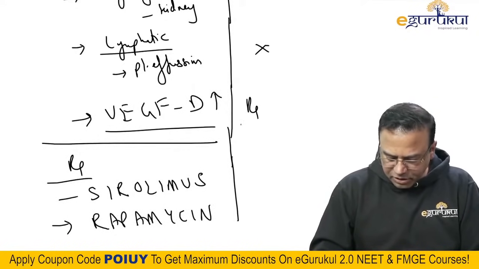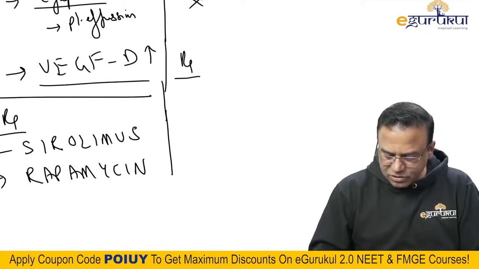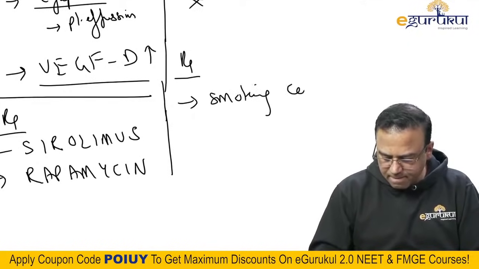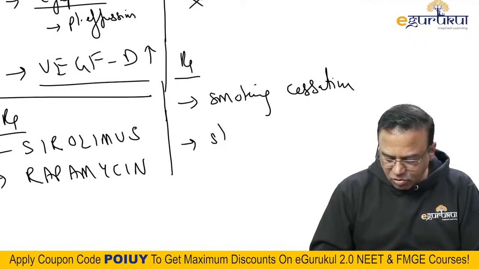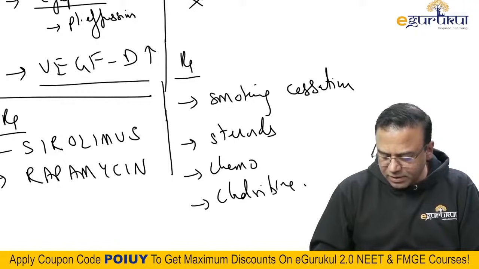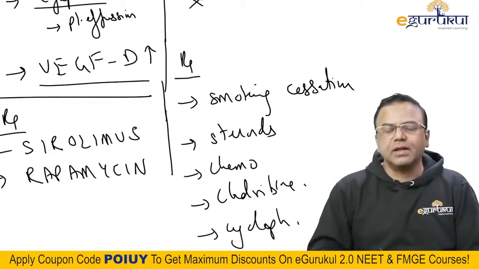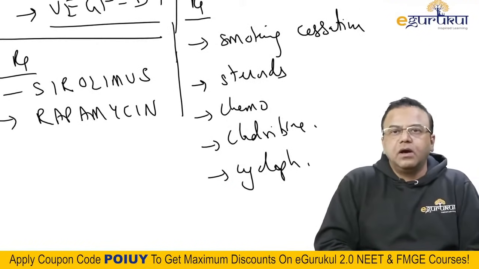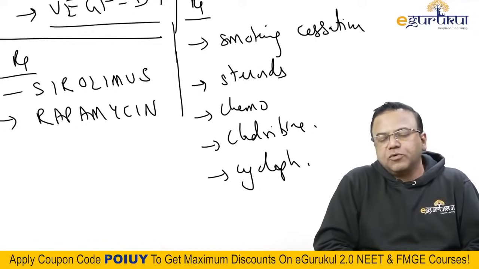The treatment in patients with Langerhans cell histiocytosis, the most important treatment is smoking cessation. Okay, the mainstay of treatment is smoking cessation. Then after that, there is a role of using steroids. There is a role of using chemo. There is some benefit of using cladribine, cyclophosphamide, methotrexate, vinblastine, etoposide; all these drugs are used.